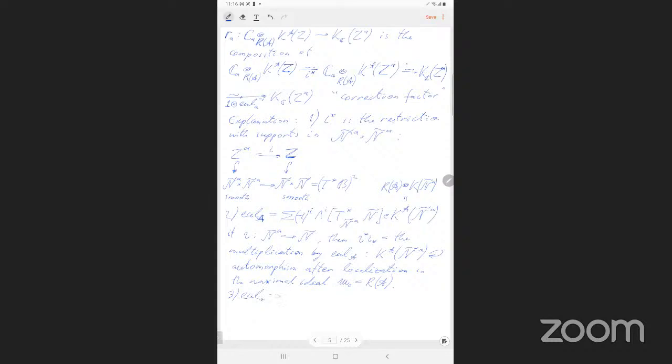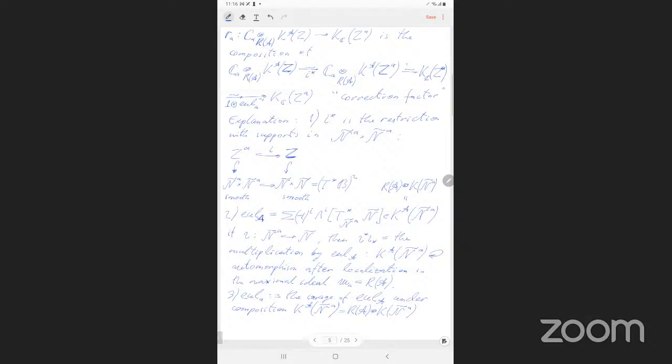And this is the image of this previous Euler class, the big one, under composition. So we start with the equivariant K theory of the fixed point set, the smooth fixed point set. So we know that this is the product of the representation ring and non-equivariant K theory.